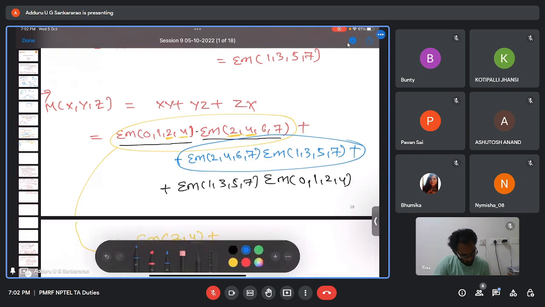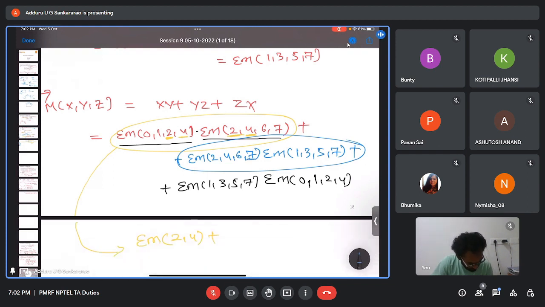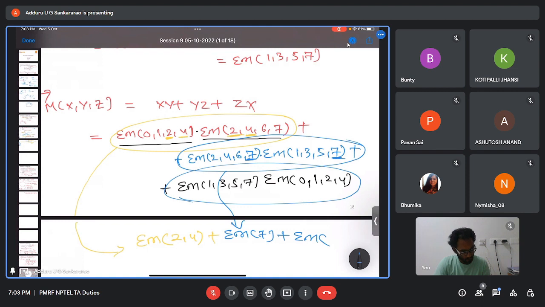Only minterm 7 is common here and here, since there is an AND operation between them. So minterm 7 will come from the second term. And for the third term, what is common? Only minterm 1 is common. So only that one will be present here, minterm 1.